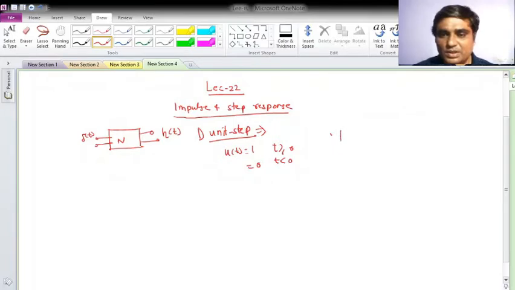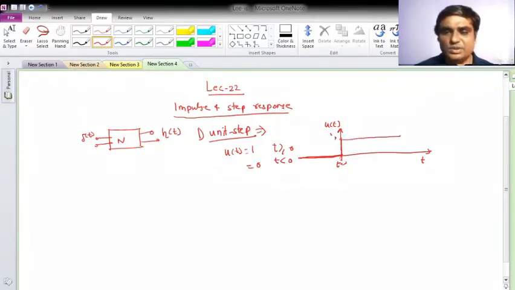And graphically, this is my t and this is my u of t. From minus infinity to here the magnitude is 0, and at t equal to 0 it changes abruptly from 0 to 1, and after that it remains constant. This is my unit step signal. Now some shifted versions, I can draw this way also.